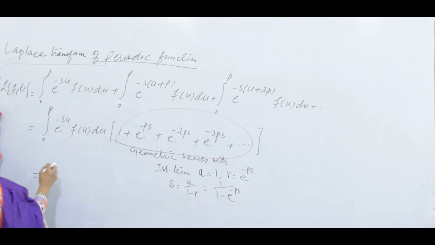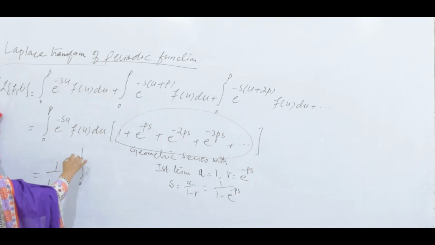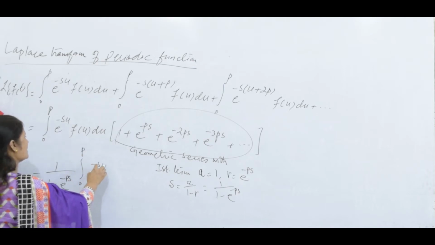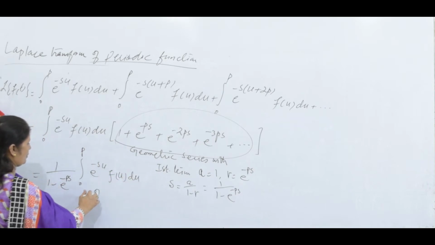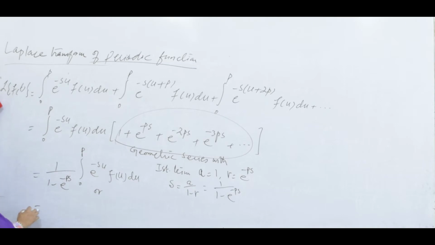So the sum is written 1 minus e to the power minus ps, 0 to p, e to the power minus su, f of u du, or u can be replaced by t, because each time our function is in the form of t.